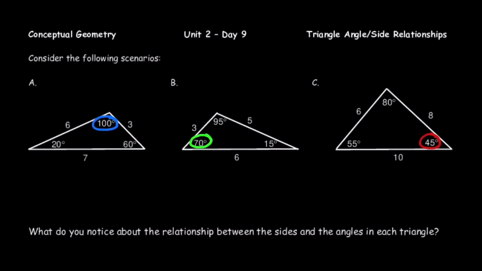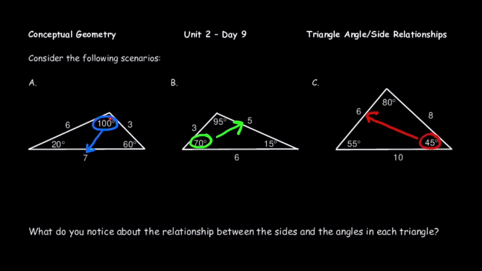Now these triangles are not necessarily drawn to scale, so I want you to notice the sides that go with the angles. So in triangle A, notice the length of the side opposite the 100-degree angle. In B, notice the side opposite the 70-degree angle. And in C, notice the side opposite the 45-degree angle.